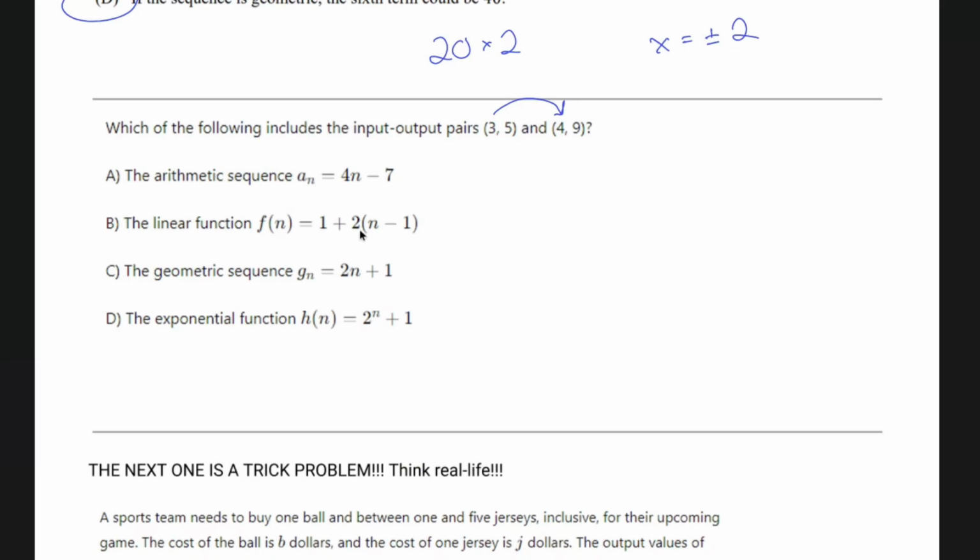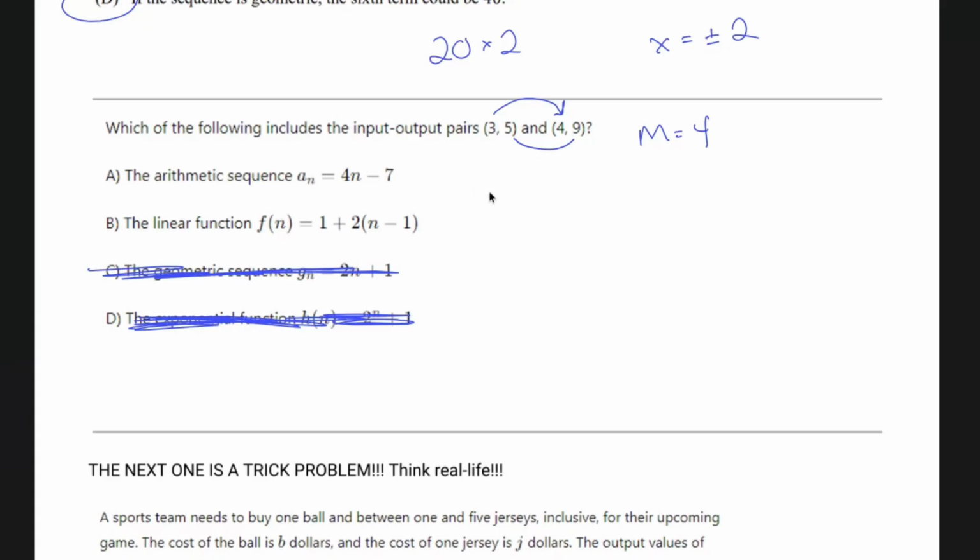And none of these have 9 over 5s in them. So it's not geometric. And if it's not geometric, that means it's not exponential either, because those guys are related. So it's got to be either arithmetic or linear. So if I go from 3 to 4 and from 5 to 9, that is a slope of 4 because I went up 4. My average rate of change is 4 because I went up 4. So my slope is 4.